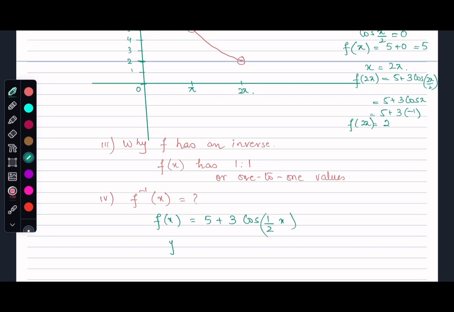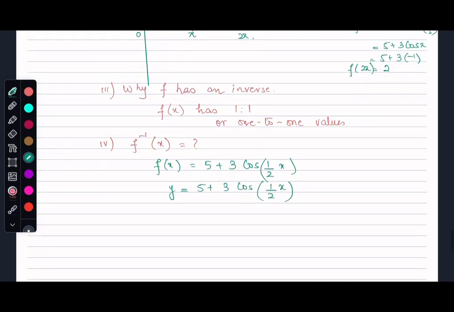So it's y, which equals 5 plus 3 cos of 1 by 2x, or I can say y minus 5 equals 3 cos of 1 by 2x, and further I can say y minus 5 divided by 3 equals cos of 1 by 2x.